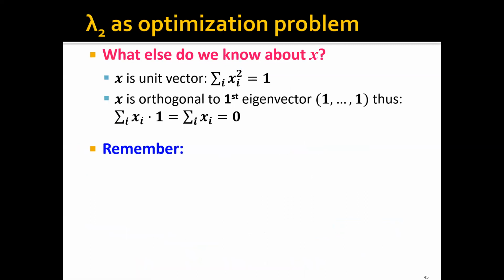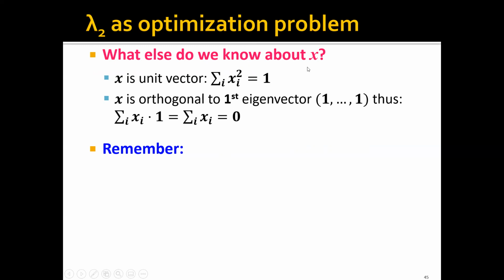So what else do we know about x besides what we have talked about before? Remember that the optimal x is the eigenvector corresponding to the second smallest eigenvalue, right? Since it's an eigenvector, it has to be a unit vector. Therefore, if you take the square of its entries and sum them up, it will be equal to 1.